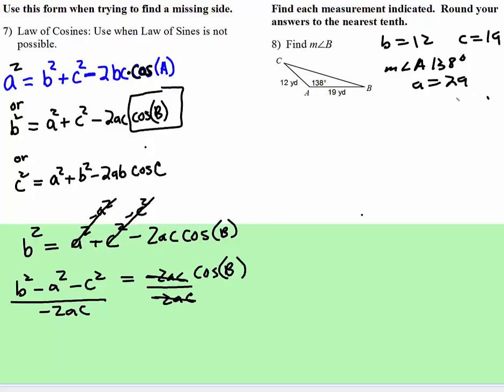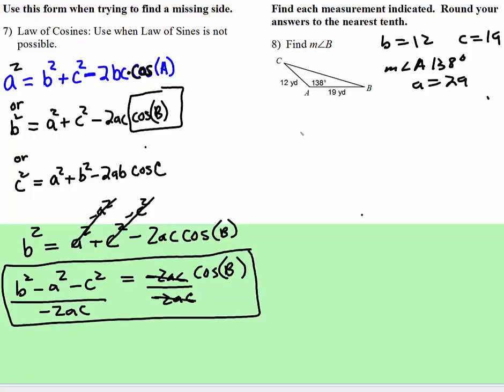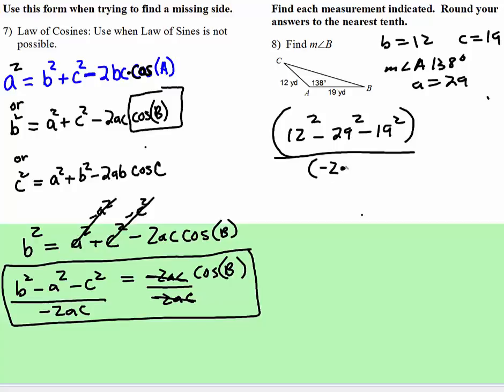Now I'm going to use A and C to find the measure of B using b squared minus a squared minus c squared, all divided by negative 2 times a times c, equals the cosine of B. Then we take the inverse cosine of both sides.